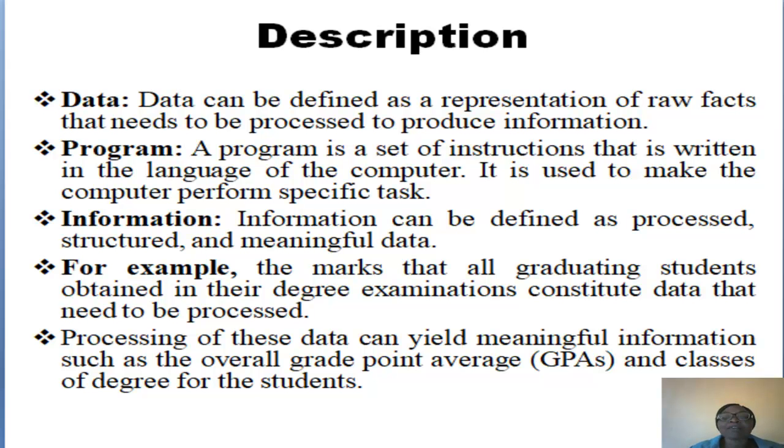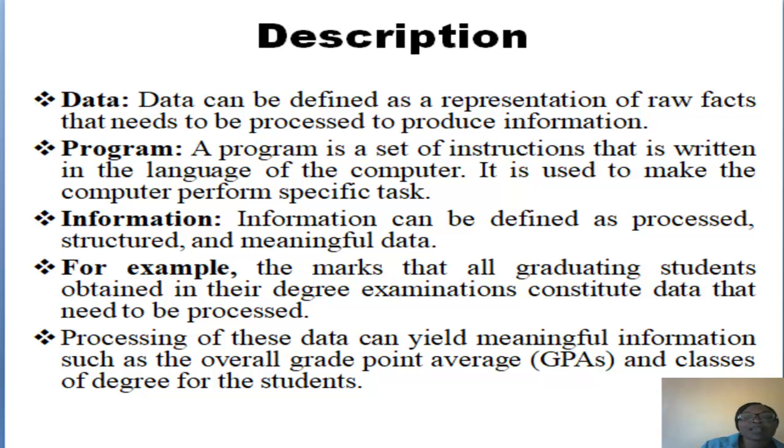For another example, the marks that all graduating students obtained in their degree examinations constitute data that need to be processed. Until you process your results, maybe you scored 70 in CSC 111 and 40 in CSC 121, you can never know your status.